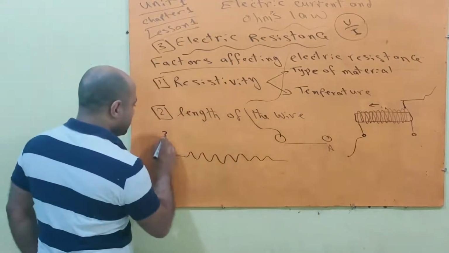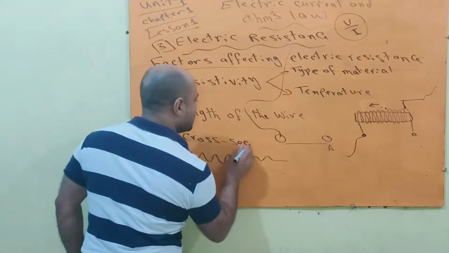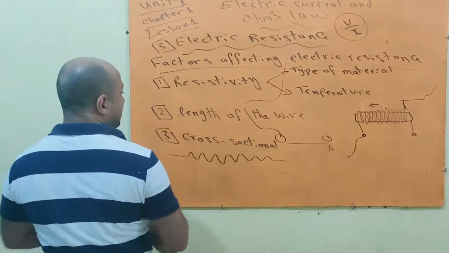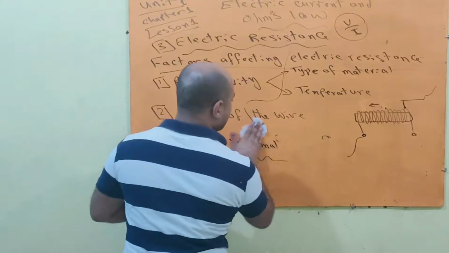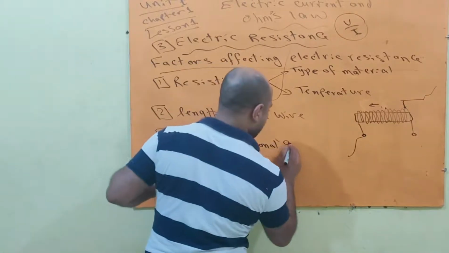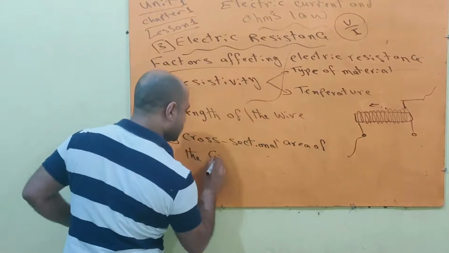Number three, cross-sectional area of the conductor.